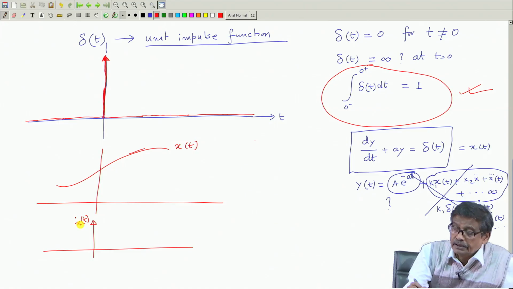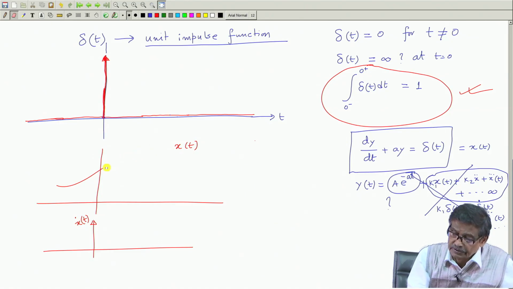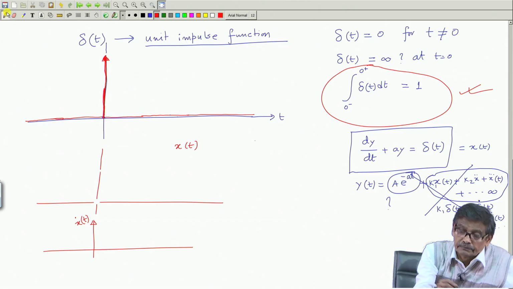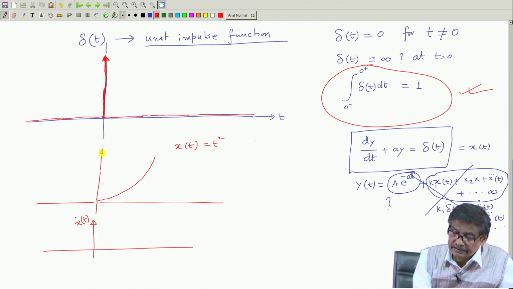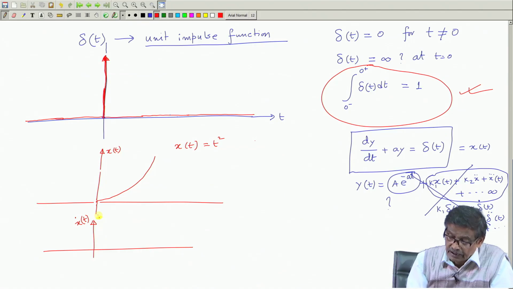For example, suppose the function x t is equal to t square, then this is x t. We know from our school level knowledge that to sketch x dot t, you have to differentiate this. This will become 2 t.